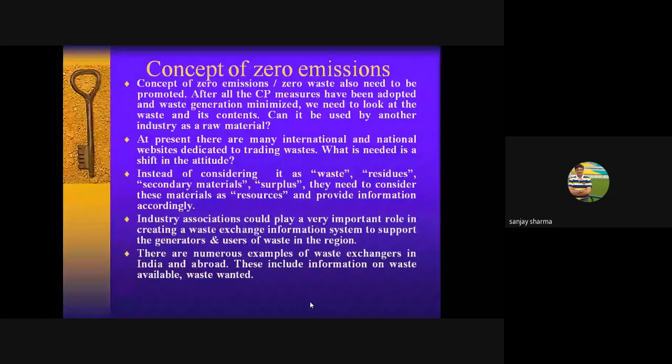Nowadays a lot of these zero emission techniques are being propagated. Zero emission may not be exactly zero. Nowadays we are talking about zero energy buildings also, and under zero energy we are even doing net positive energy buildings.